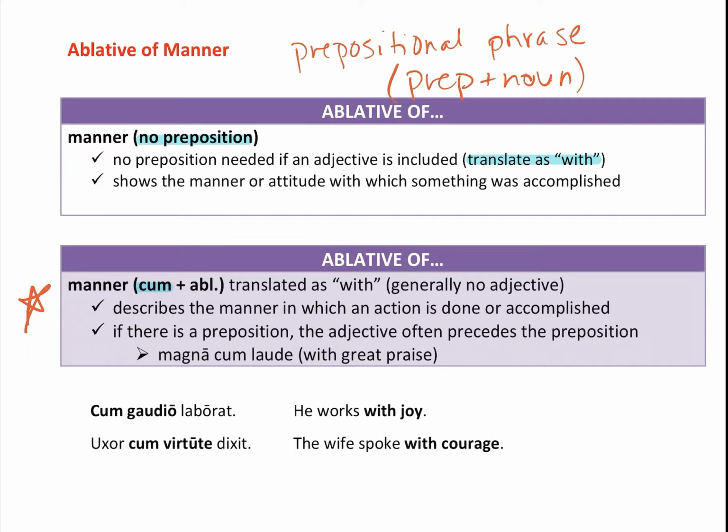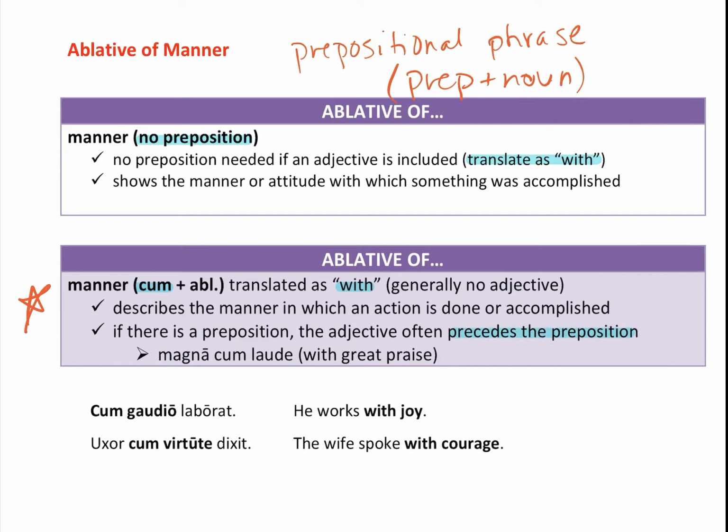Okay, so it's translated again just like the other ablative of manner. It's generally translated with. There's generally no adjective. It does the same thing the other one does, because it is ablative of manner, it just has a preposition. It describes the manner in which an action is done or accomplished. But if there's a preposition and an adjective, the adjective often precedes the preposition.